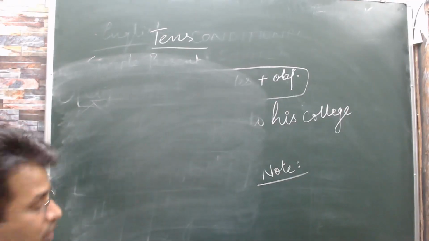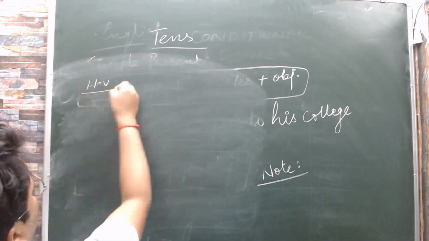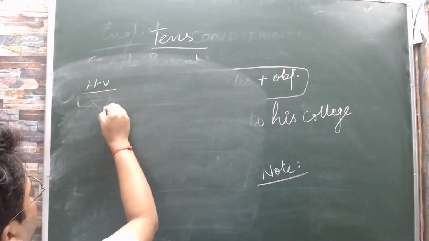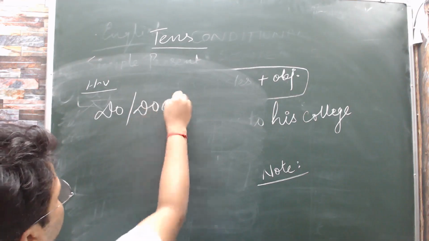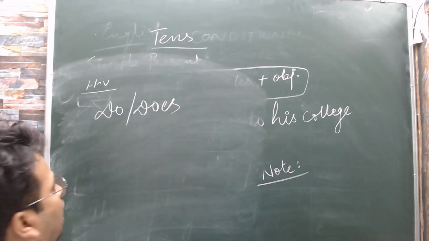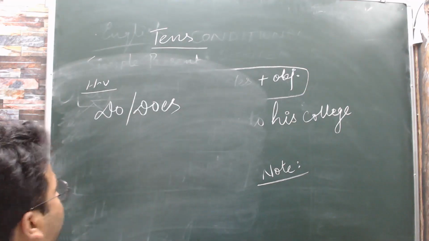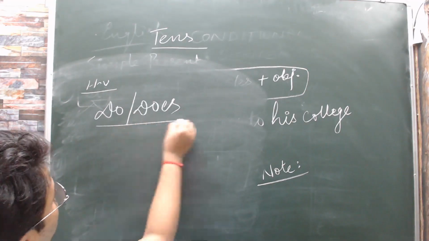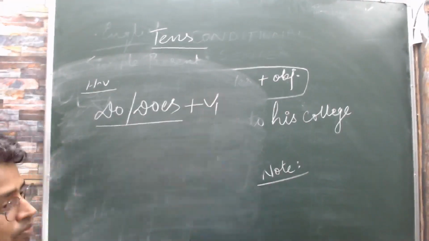Suppose, what is the helping verb in simple present tense? So do and does is the helping verb in simple present tense. So whenever we have do and does, we always use verb first form.